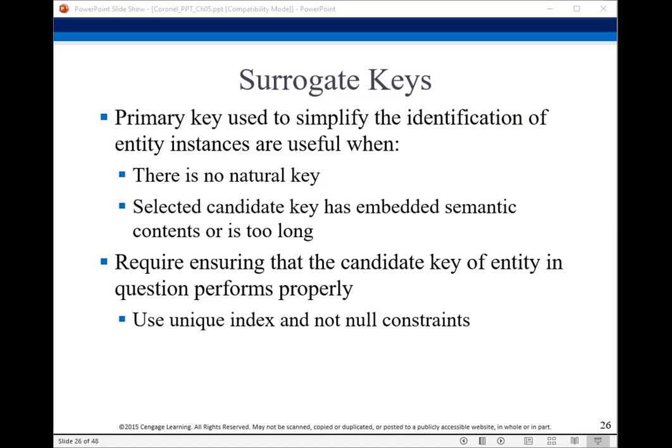A surrogate primary key is also used if the natural key might be too long. You start adding a couple of attributes together, it can become quite long. So the reason for using a surrogate key is to ensure entity integrity. In other words, we always are going to be able to get to a record uniquely.